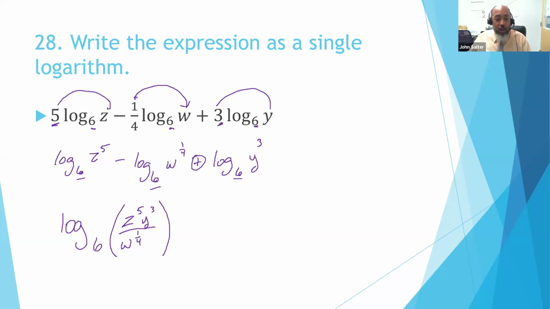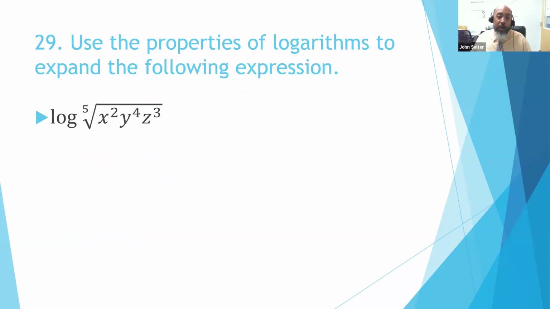Expression as a single logarithm with a complicated argument. Use the property of logarithms to expand. So basically the same thing backwards. I'm expanding this time. First things first, I have something to the fifth. To the fifth is just like raising it to the 1/5.